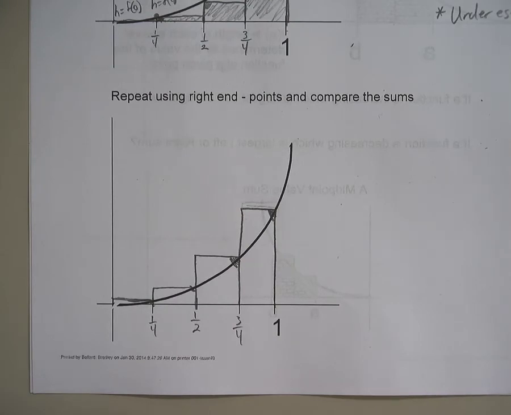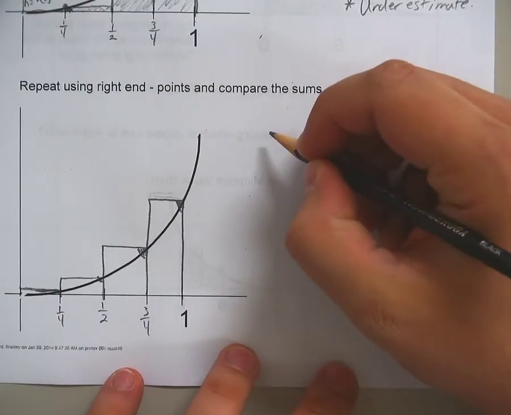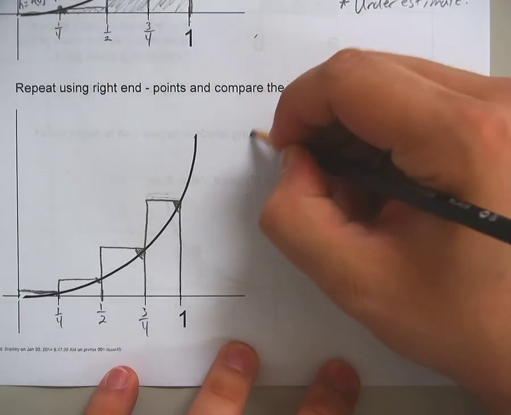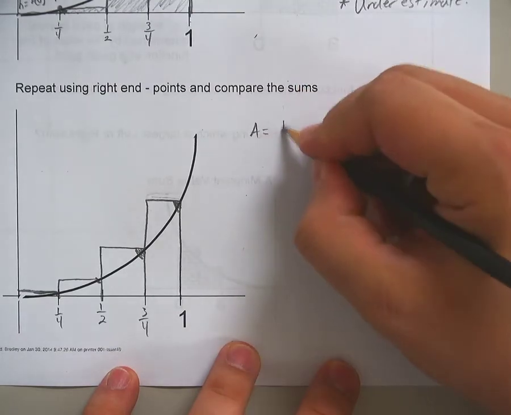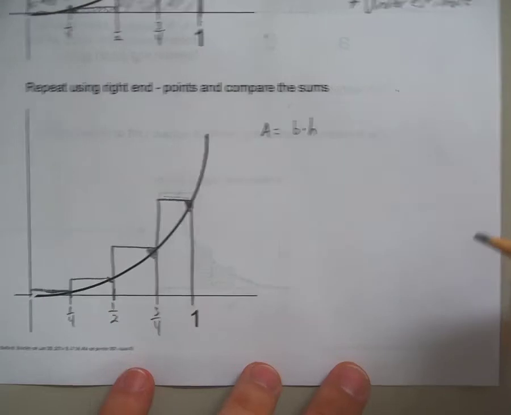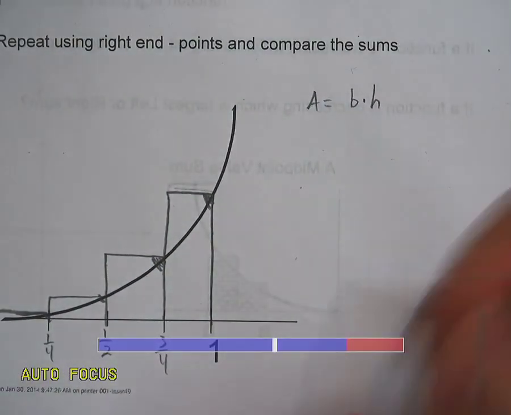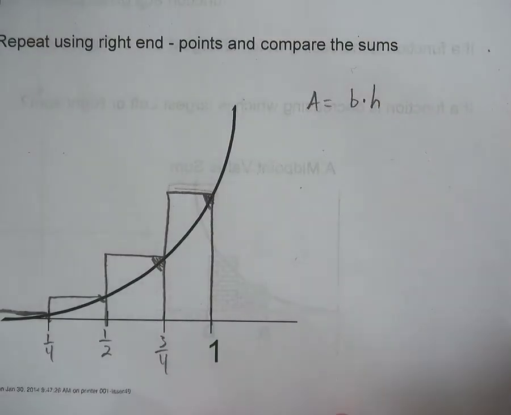So let's see what this would actually be here. We've got an area. See if I can get all this in. There we go. Area, again, is base times height, right? Now I'm going to try and skip just a few things on here and see where I can go.